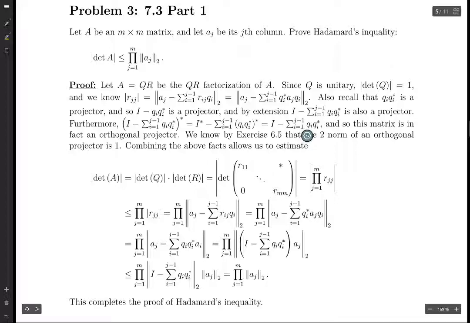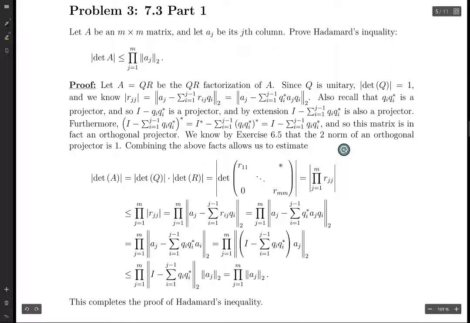And so, not only is this a projector, but it's a Hermitian projector, and we know that Hermitian projectors are orthogonal projectors. And we proved earlier in exercise 6.5, lecture 6, exercise 5, that the 2 norm of an orthogonal projector is always 1.